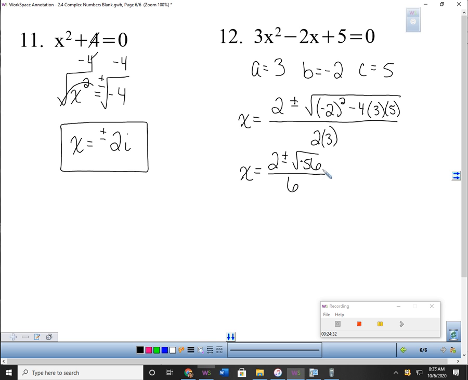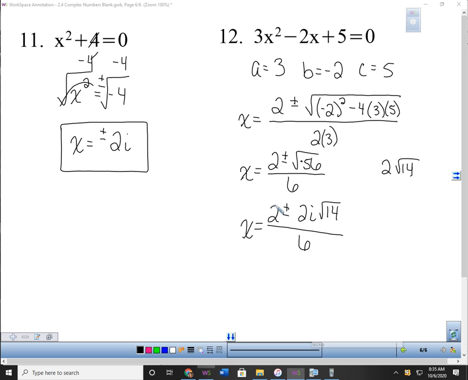All over 6. So you need to reduce this root right here. So if you want, you already know that since you're rooting a negative, you're going to have an i. So if you get your small calculator and you square root 56, you get 2 square roots of 14 for the square root of 56, and then you're going to just tack on your i with that 2, so 2i square roots of 14 all over 6.